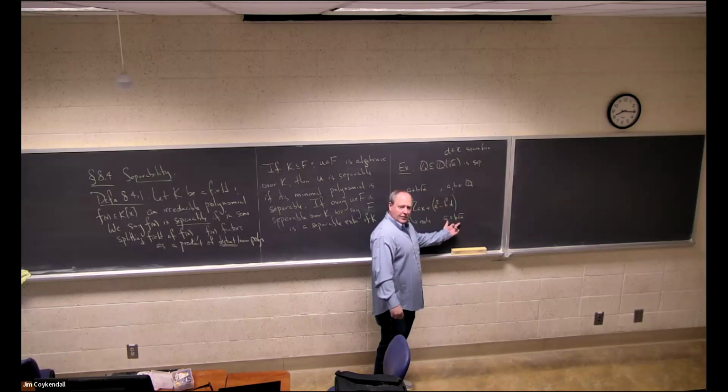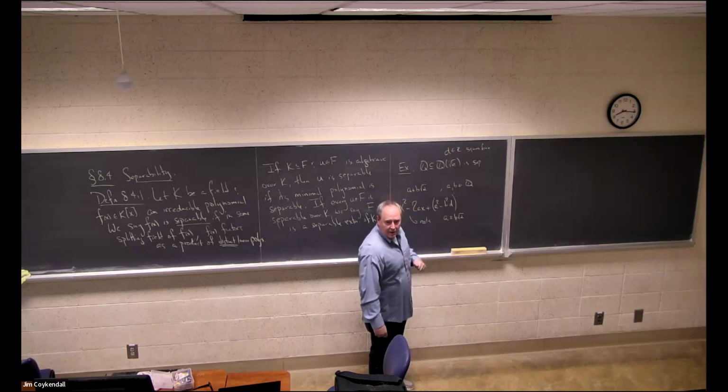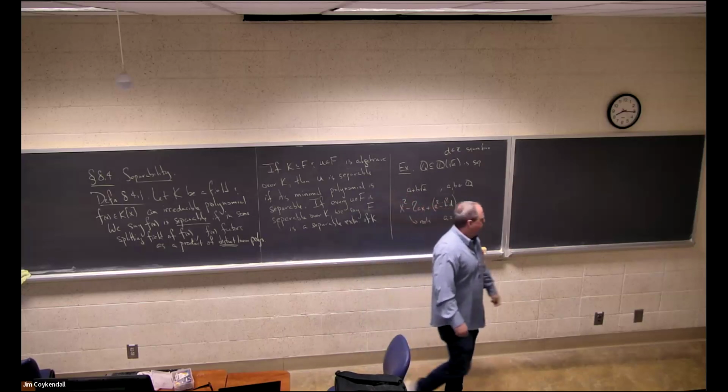You might say, well, they're not distinct if b is 0, but if b is 0, this polynomial is not irreducible anymore.